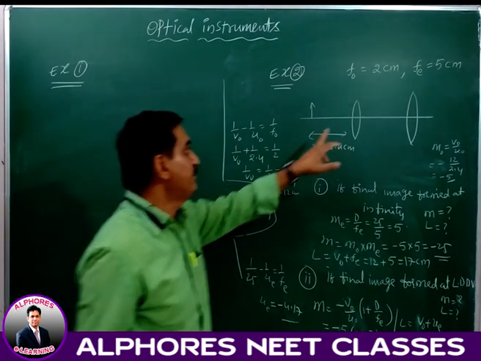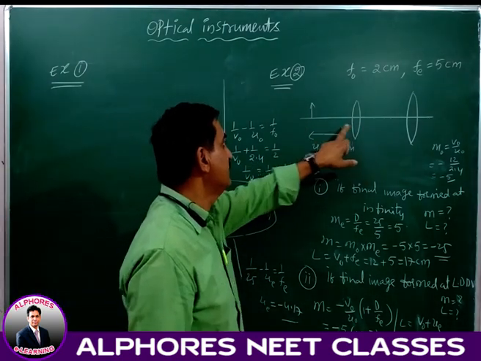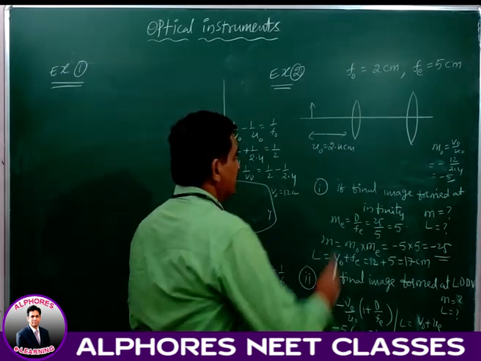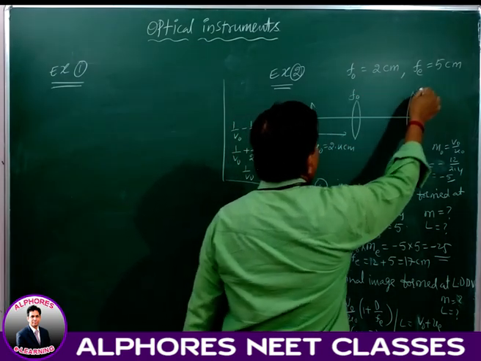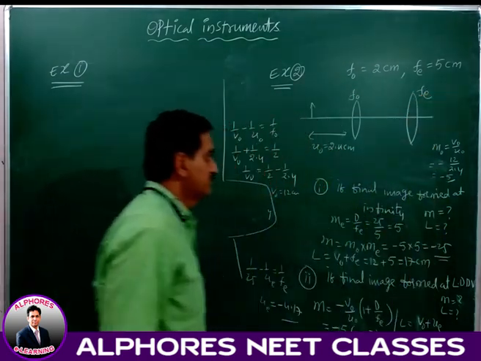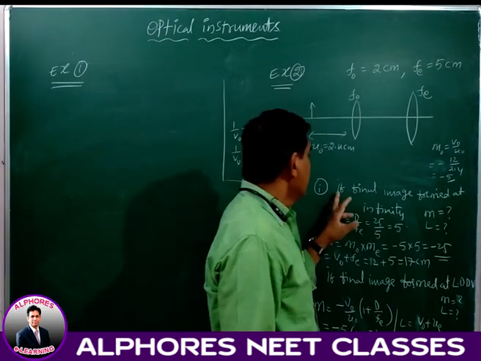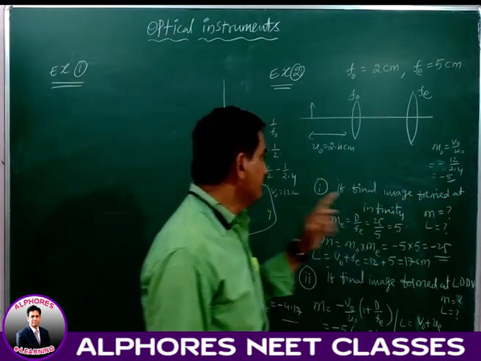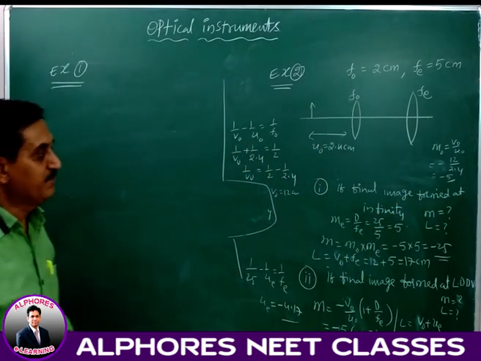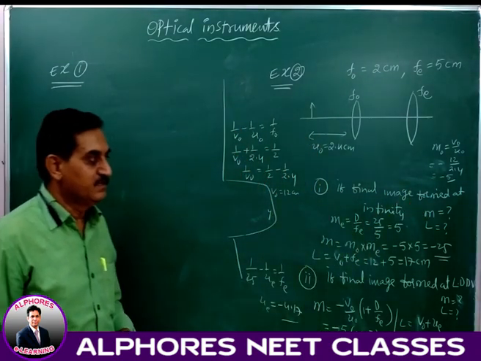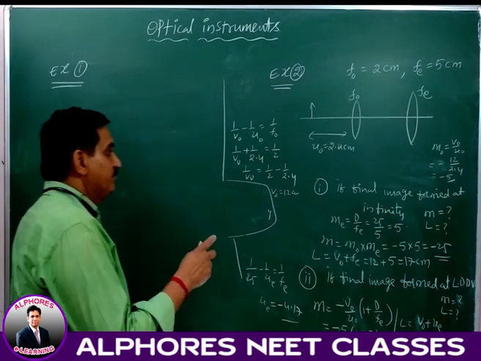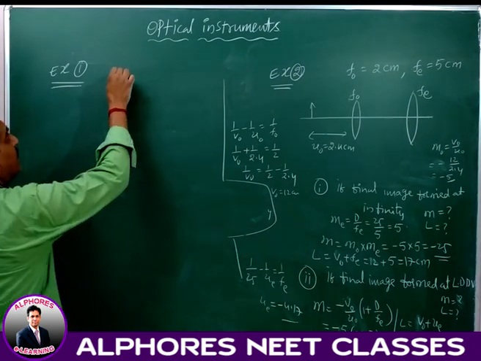Now the object is kept at a distance of 2.4 centimeters from the objective lens. This is f0 and this is fe. Okay. Now the question is, if the final image is formed at infinity, then what is the magnification?